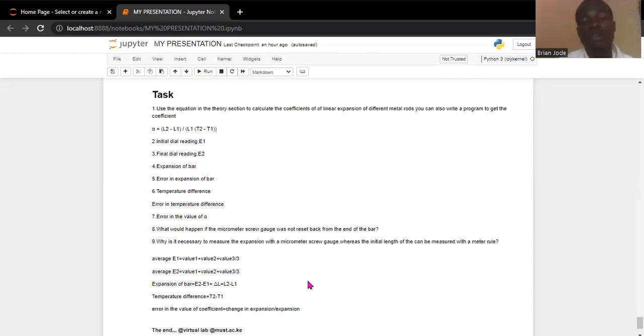That is, by giving a conclusion, you can compare your values with the standard or theoretical values from known sources, such as engineering books and other books that give the coefficient of linear expansion of materials. And remember, the linear expansion coefficient of different metal rods can vary depending on the different types of materials used, different temperatures, and even due to the experimental conditions under which the experiment was carried out.